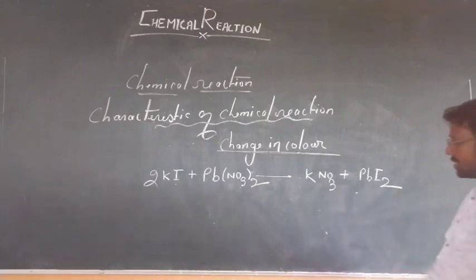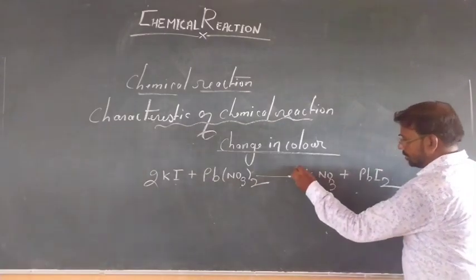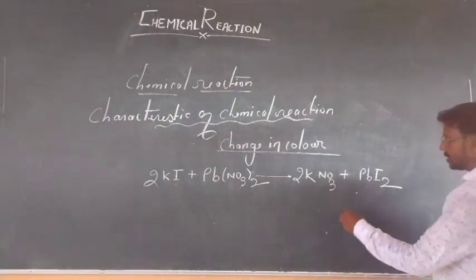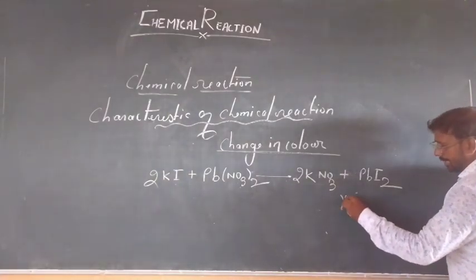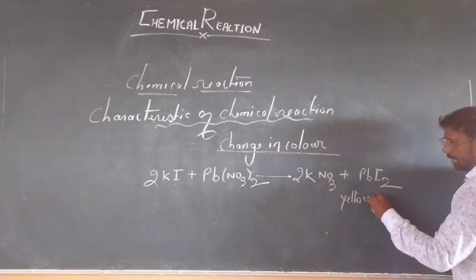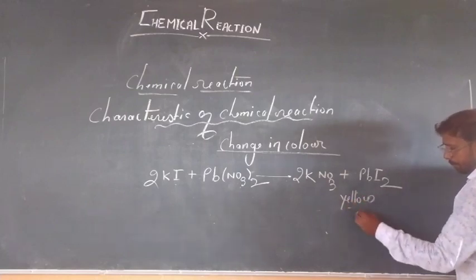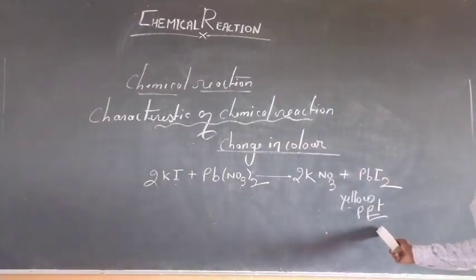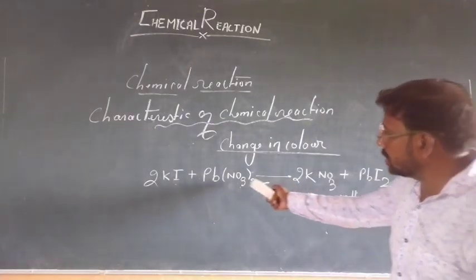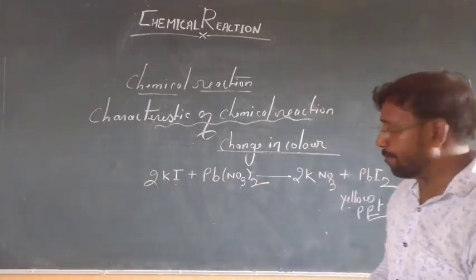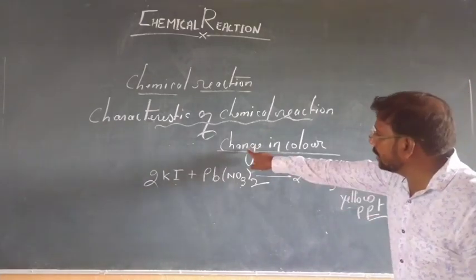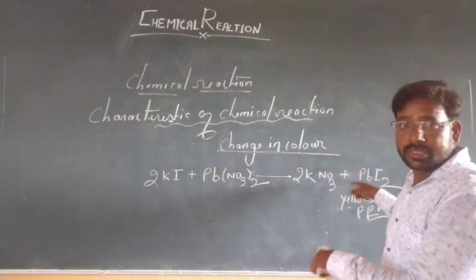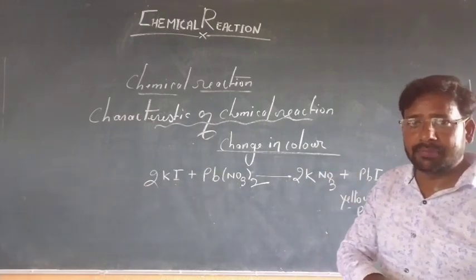And how many nitrates are there? 2. Just by putting 2, it is a balanced equation. And this yellow color you will get. Yellow color PPT you will obtain. PPT means precipitate. You can use this equation in both precipitation reaction and change in color. Already I have made the experiment on this equation. You can see it in my video.